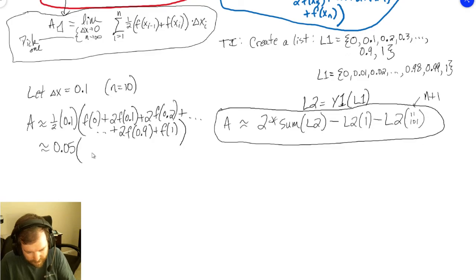All right. There you go. Table set. Table start with 0. Delta table is going to be 0.1. And then y equals, yeah, there we go. E to the x squared.